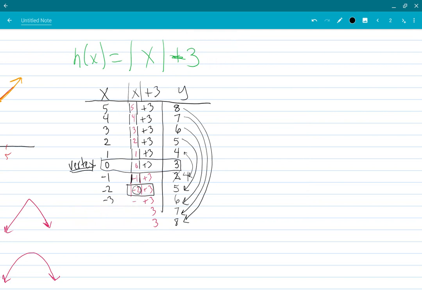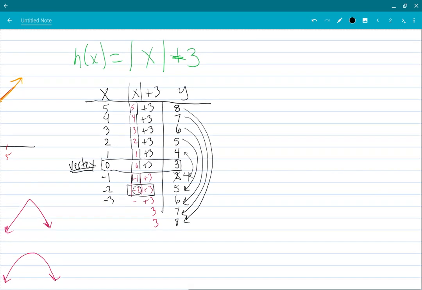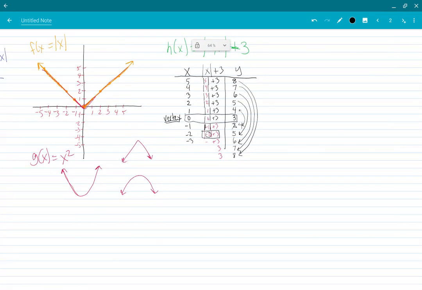Now, if you were to graph this one, which we will, would it be like this orange one? Would it be raised, lowered, shifted to the right, or shifted to the left? Would it be up 3, down 3, to the right 3, or to the left 3? What do you think? Let's start at the vertex.